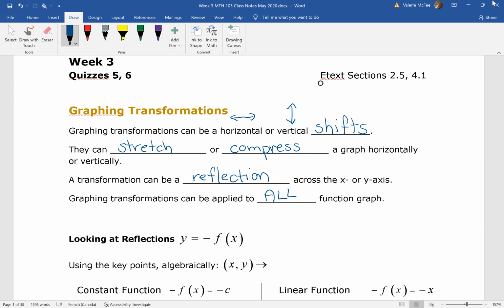So for now, we're going to look at those 8 basic graphs that we talked about at the beginning of week 2. But as we move forward this semester, we're going to apply those transformations to exponential functions, to logarithmic functions, and to trigonometric functions. So you can't forget these function transformations. You need to know them and be ready to apply them in any situation.